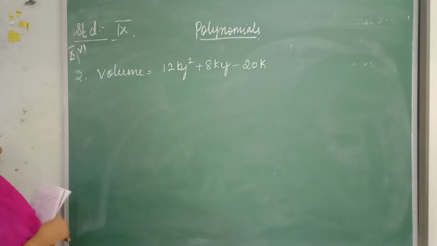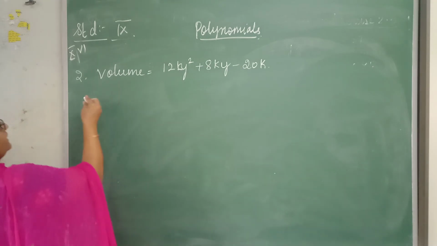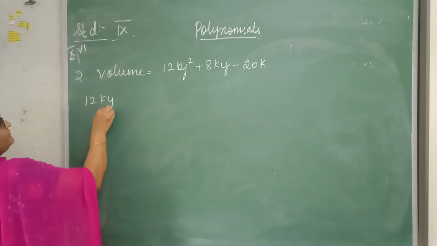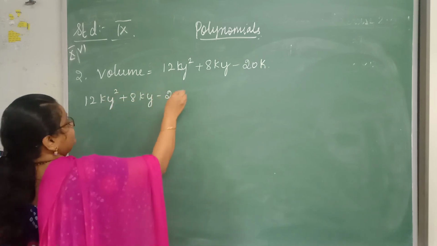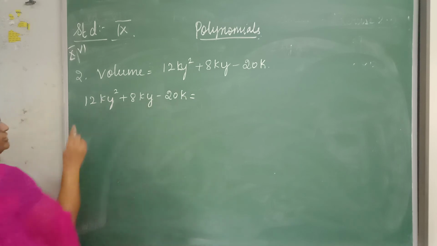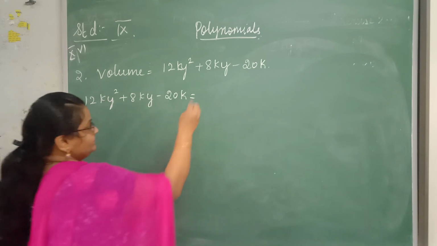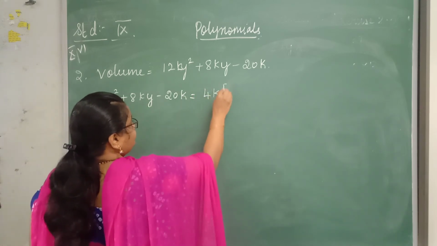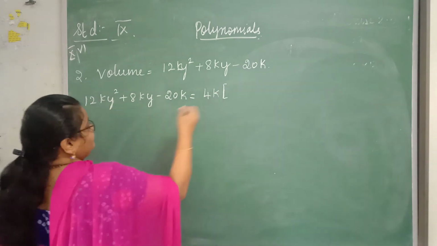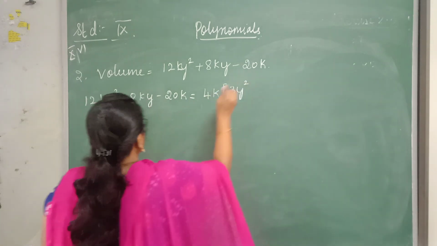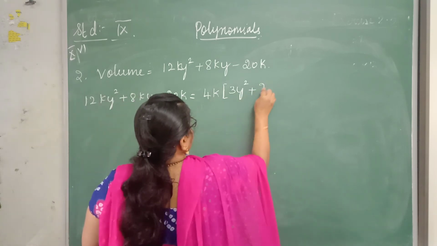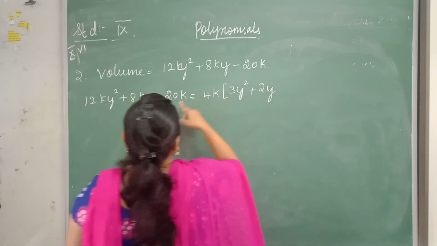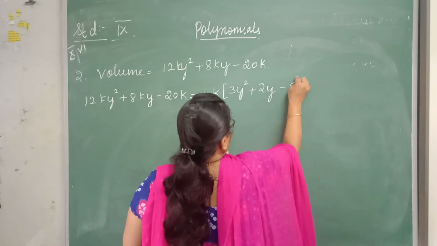So I will rewrite this once again: 12ky square plus 8ky minus 20k. So can I go for taking 4k as a common factor here? If I take 4k as a common factor, I will remain with 3y square plus 2y minus 5.